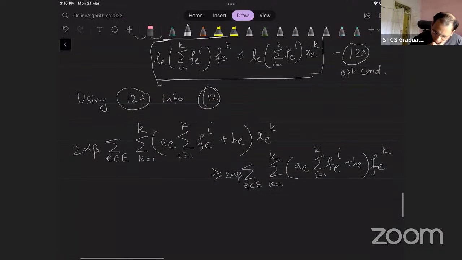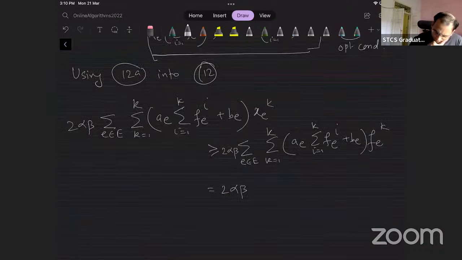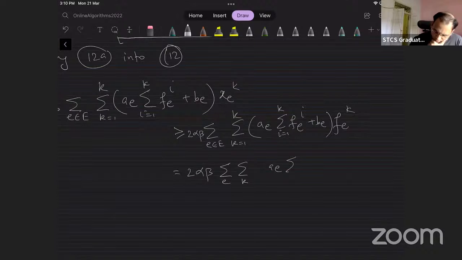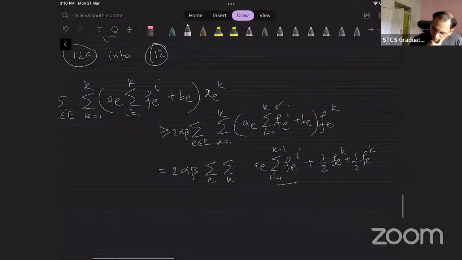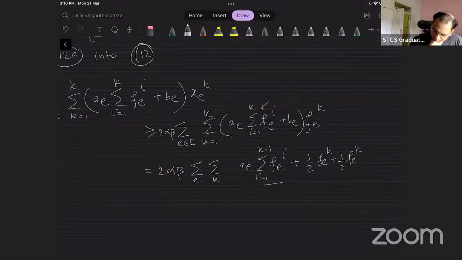Now I'm going to expand this further. 2 alpha beta, sum over e and k, f_e^i, i going from 1 to k minus 1, plus, split it up into half f_e^k plus another half f_e^k. See, here there are k terms. I'm writing k minus 1 here and taking the last one and splitting it up, plus b_e and whole times f_e.